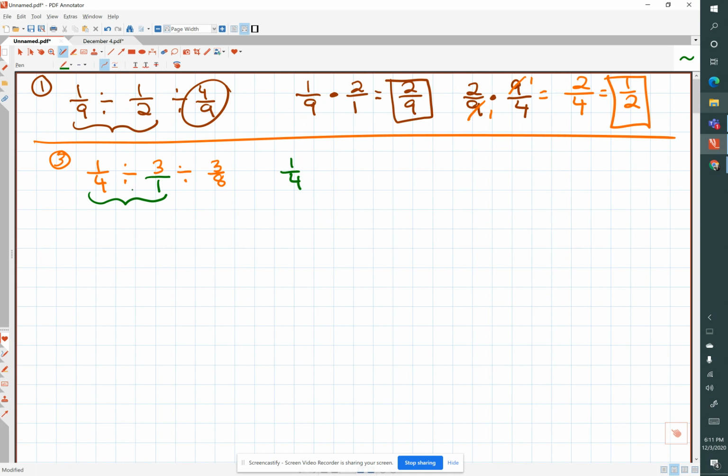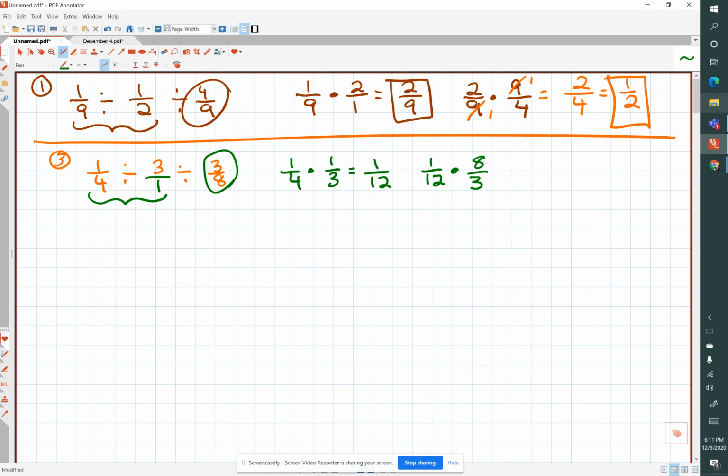1/4, change the division to multiplication, and flip the second fraction, and that will give me 1 times 1 is 1, 4 times 3 is 12. Now I'm going to take that 1/12 and multiply it, because I'm changing the division to multiplication, and I'm going to flip 3/8 to 8/3.